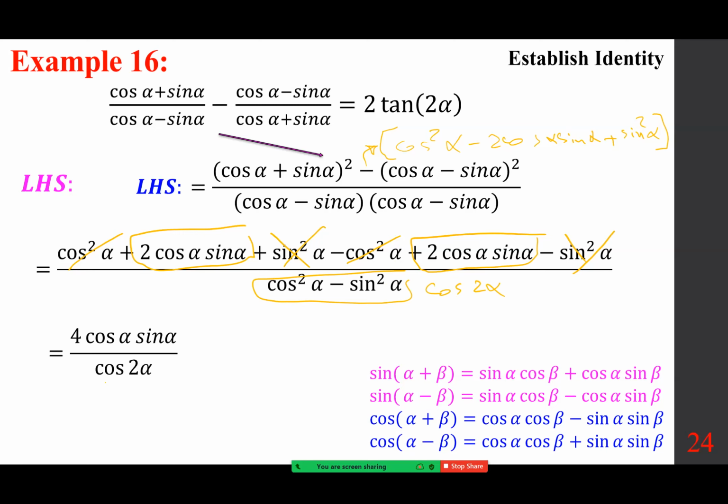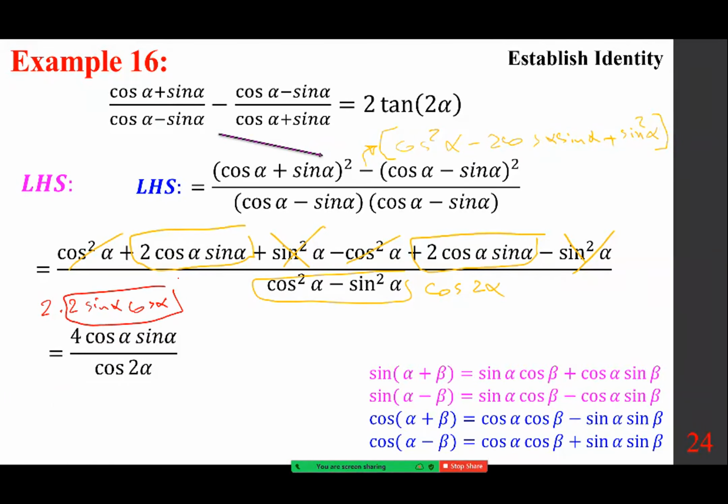Notice the numerator, if we had 2 here, cosine alpha sine alpha or sine alpha cosine alpha makes no difference. This would be sine 2 alpha, but since we have 4 of them, there are 2 of them. You can think of this as 2 times 2 sine alpha cosine alpha, and this is sine 2 alpha. There are 2 of them, and this is 2 tan alpha, and that's the final answer.